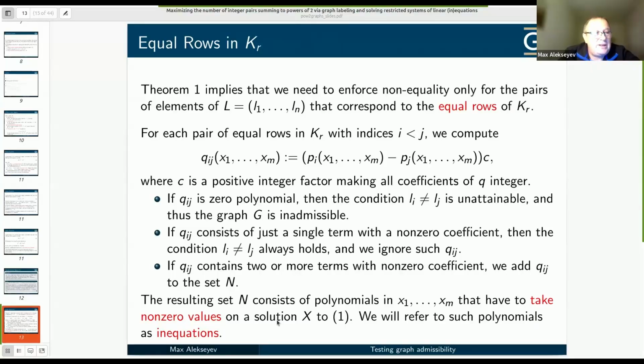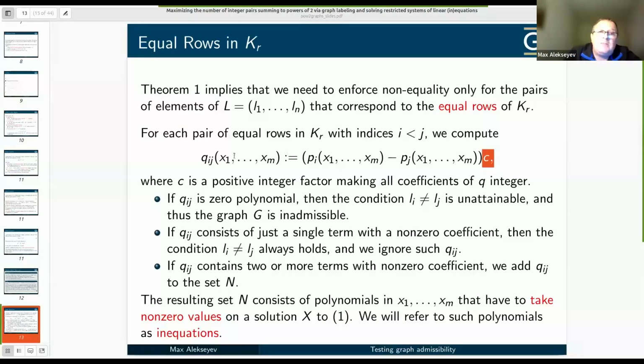Therefore, it only leaves us with the question of how to enforce non-equality for the pairs of elements that correspond to the equal rows of K sub R. And so for each pair of equal rows in K sub R, let's say we have indices I and J, I will compute the difference between corresponding elements in my solution, that is P sub I minus P sub J, and also I will multiply it by some number just to have integer coefficients.